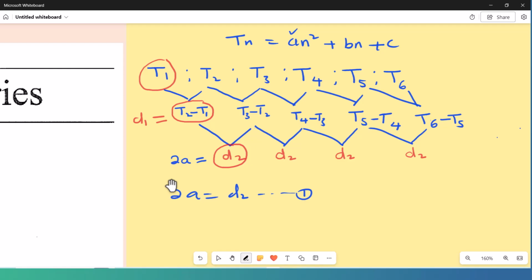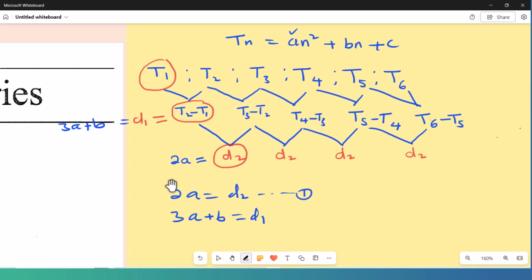Then to get your b, use this D1 by using 3a plus b, which gives us our D1. D1 is given by T2 minus T1, which is 3a plus b. Note that when solving this, it's important to note the order.